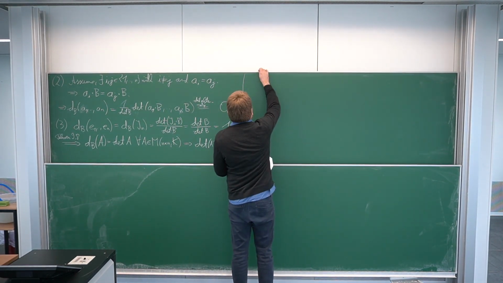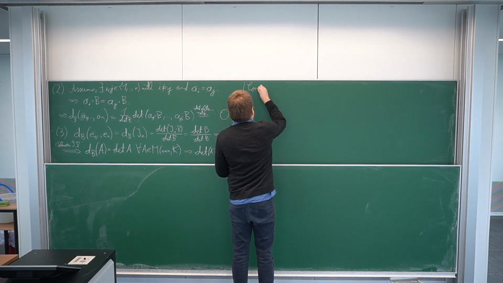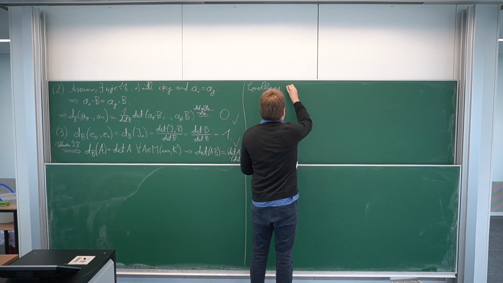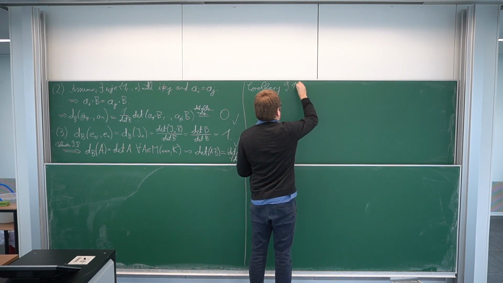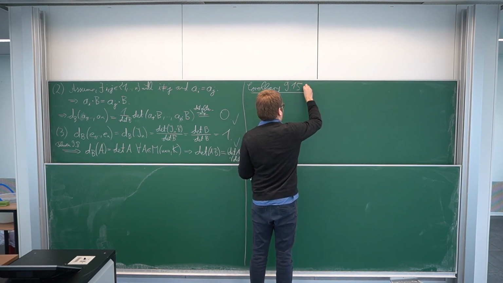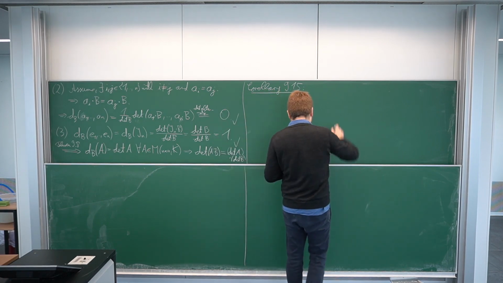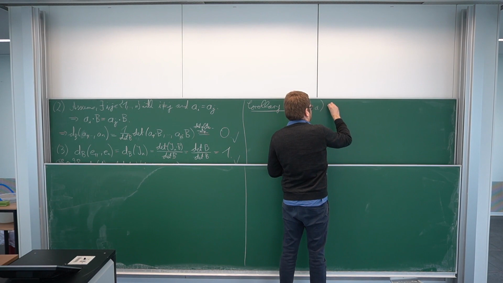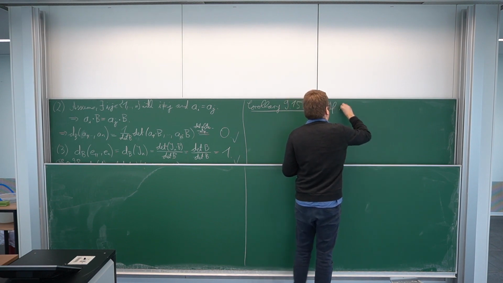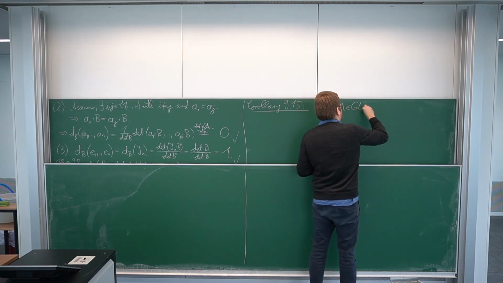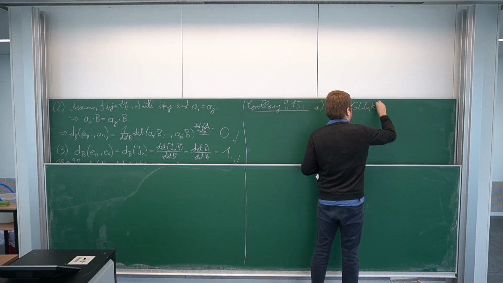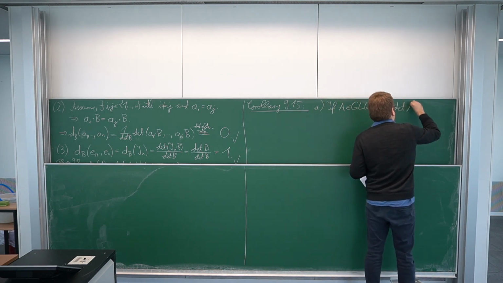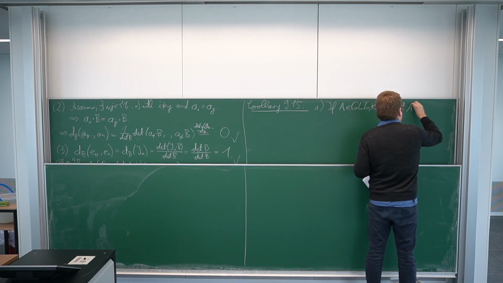This product property is something that is very, very useful, and we will see also later why. But first let us derive some nice computational rules that we immediately get from this product law for the determinant. First of all, if A is invertible, so if A is in GL_n(K), then the determinant of the inverse matrix.